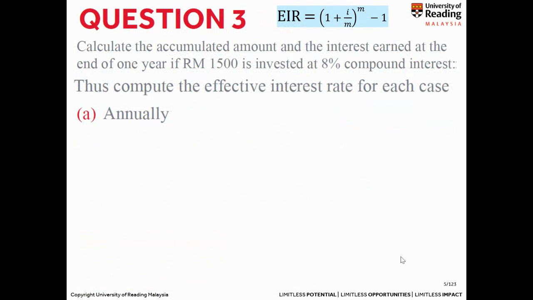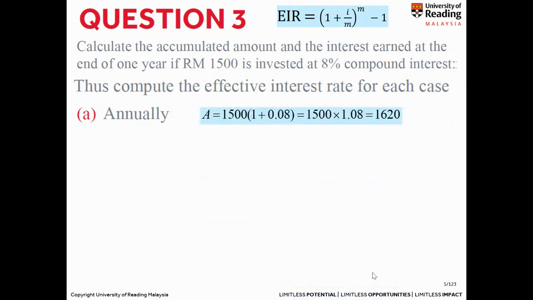Question 3. We will look at the same amount, same interest, but the interest is compounded annually, semi-annually, monthly, weekly, and daily. See which period will give you the best effective interest rate.